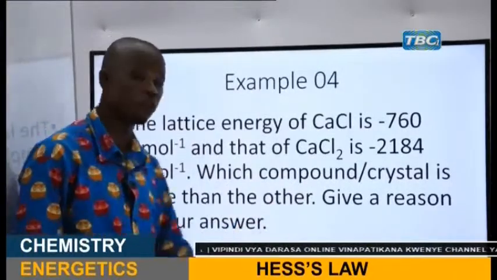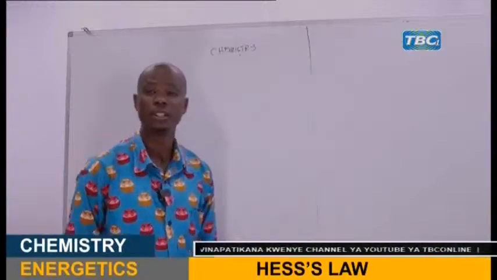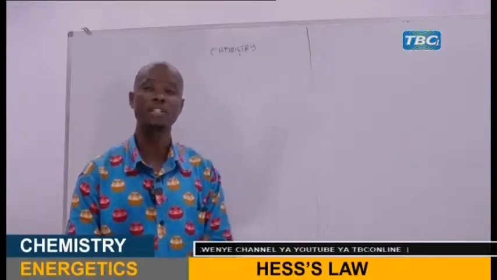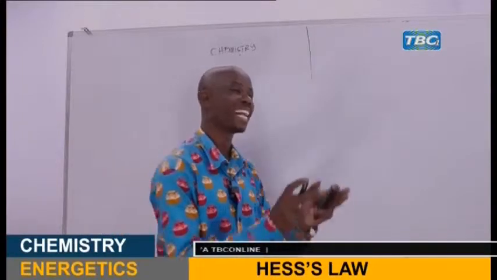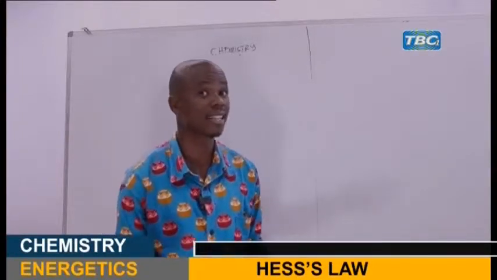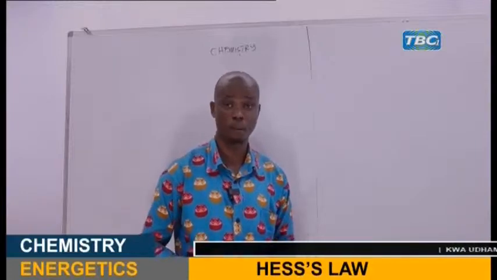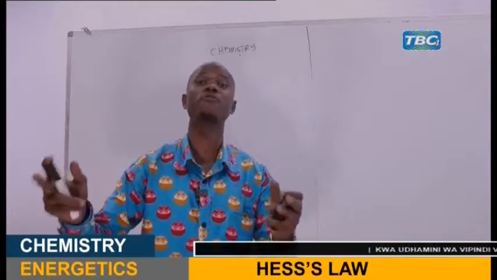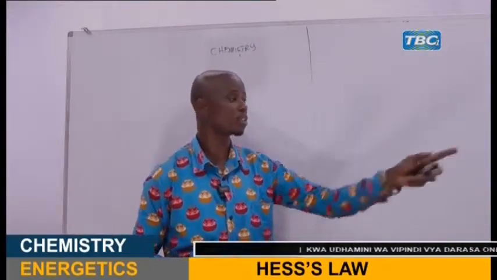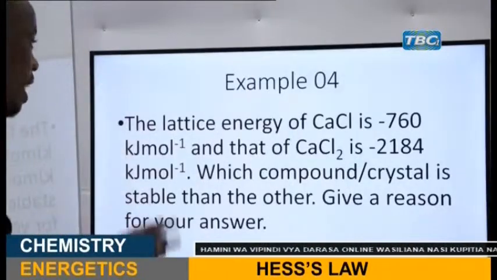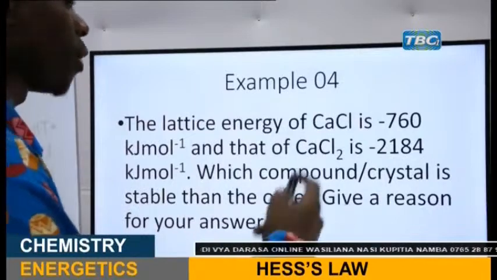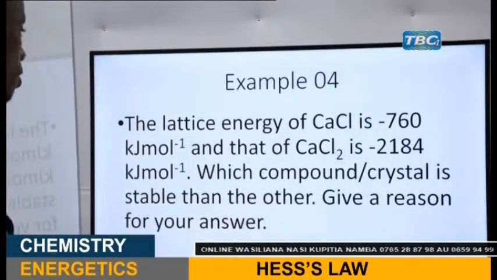Give a reason for your answer. Now, my dear student, that is another way. Sometimes you can be asked to compare the stability of the given compounds by using lattice energy. Not only lattice energy can be used to compare the stabilities of the compounds, but also the enthalpy of formation can be used. Now, because the question is asking about the stability of the compound using the lattice energy, let's deal with this one, and then I will give you a brief about the second part.